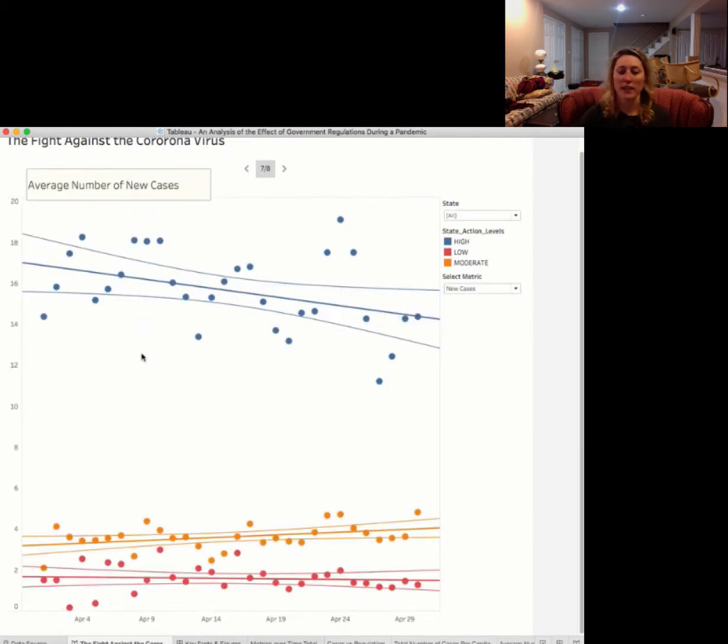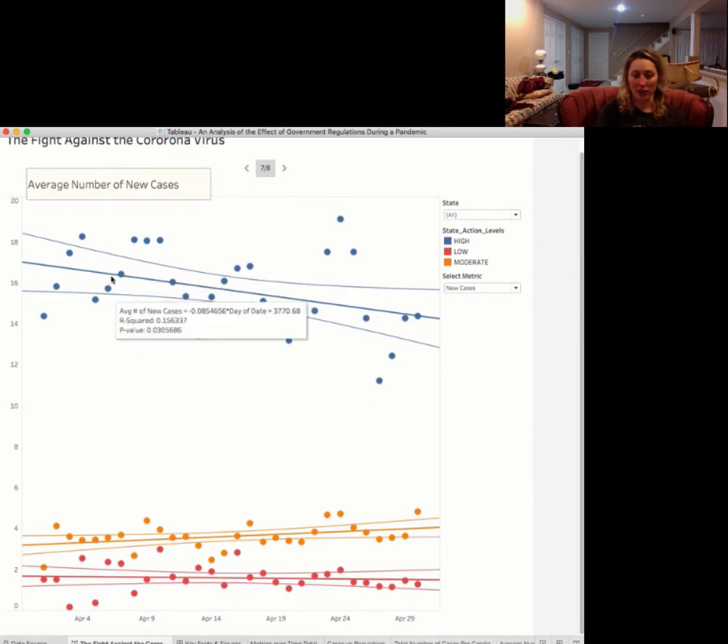So the last analysis that I performed was the average number of new cases per action level. So I did a scatter plot and I assigned the trend line to each group of data. And I did this because I wanted to see what the p-value was and see if that was a significant trend downward or upward.